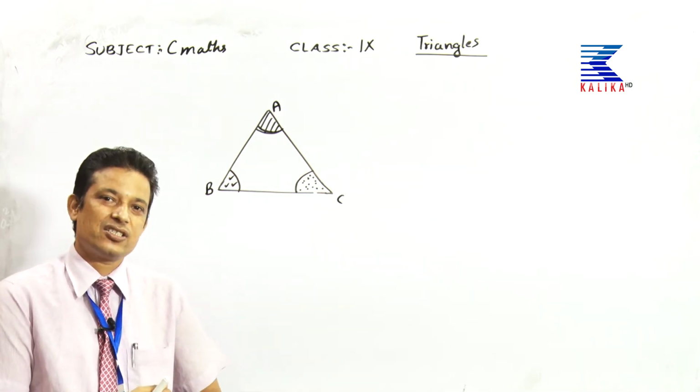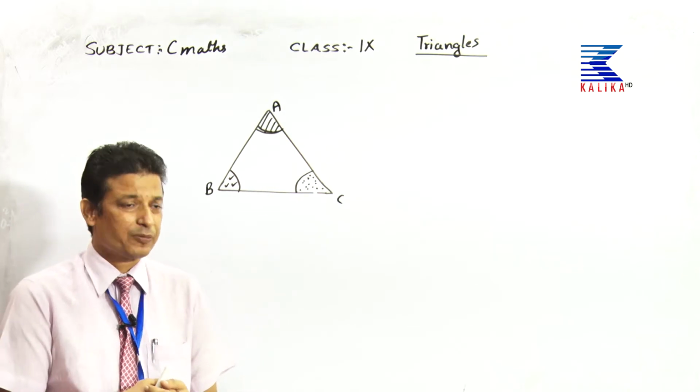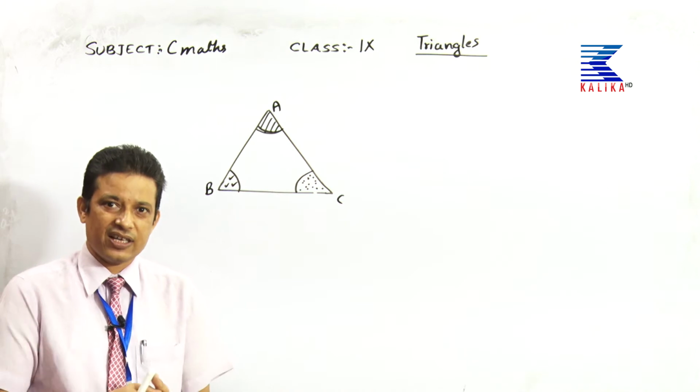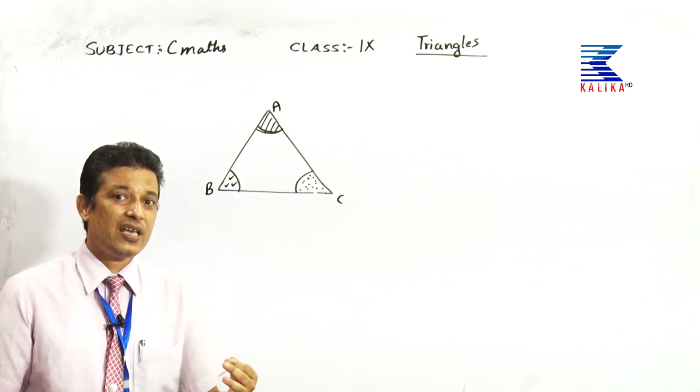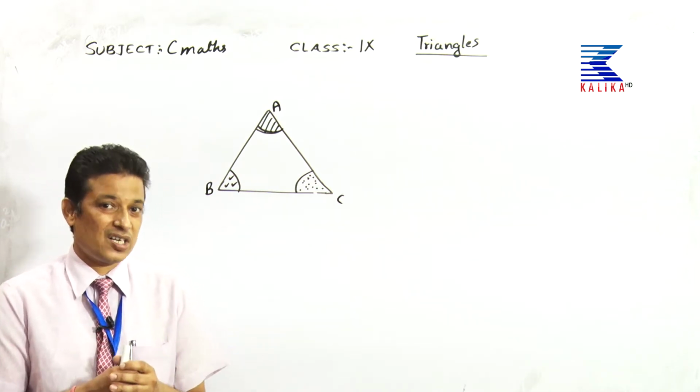They are known as sides of the triangle: AB, BC and CA. 3 angles are there: angle A, angle B, angle C. 3 vertices are there: A, B and C. So, these are the parts of a triangle.